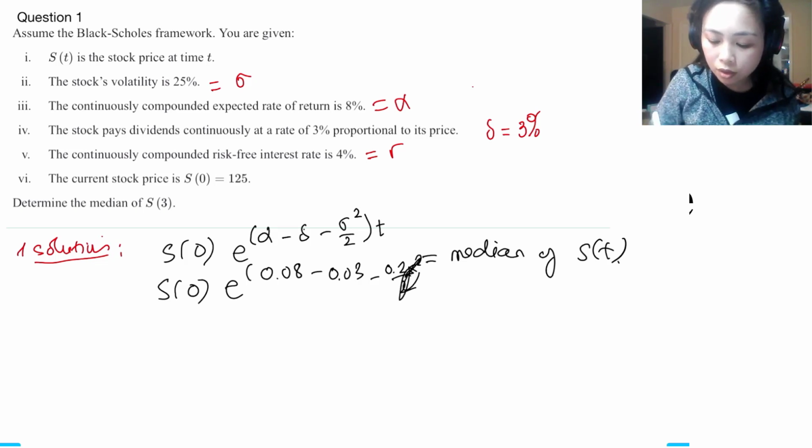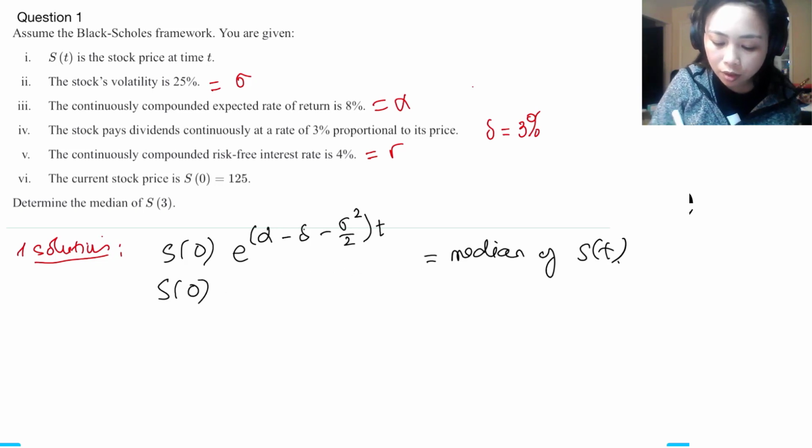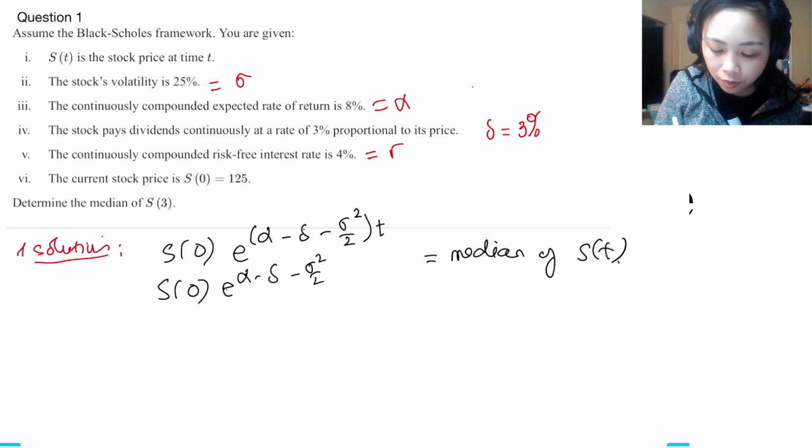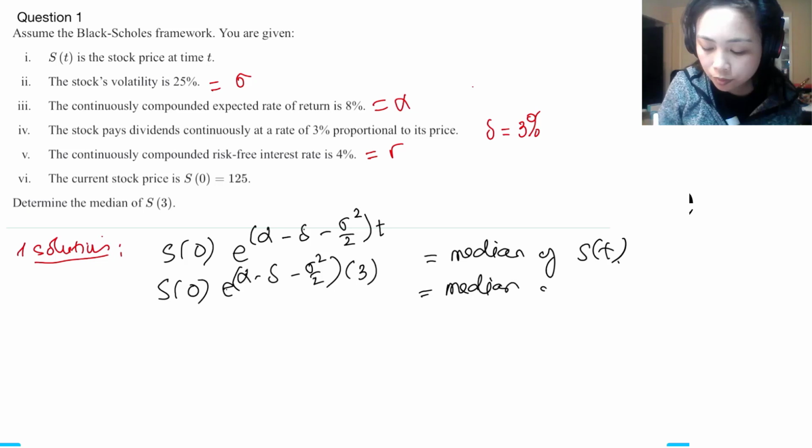Let me erase this. I need more space, so I'm going to rewrite this. It's e to the alpha minus delta minus sigma squared over 2, times 3. This is the median of S of 3.